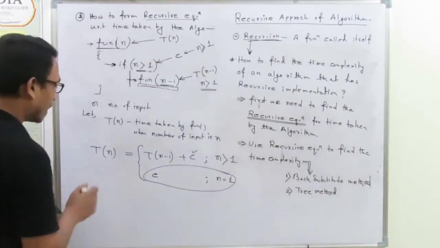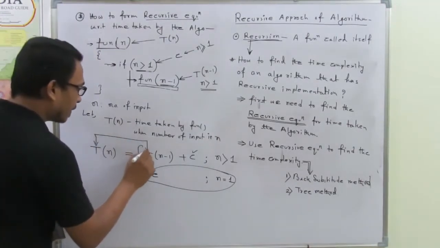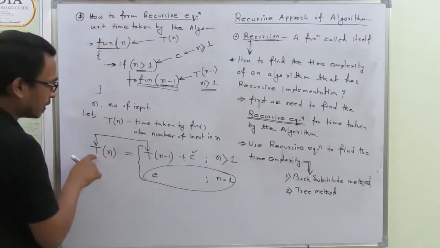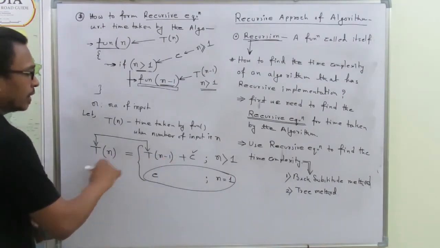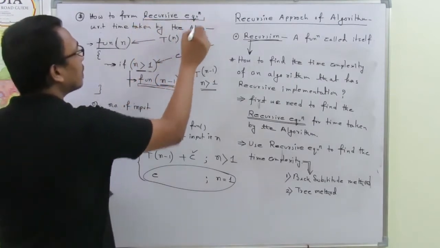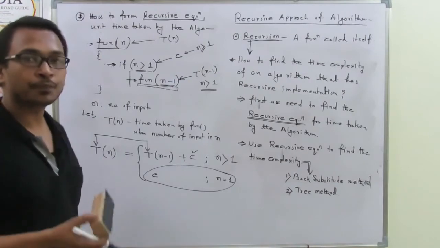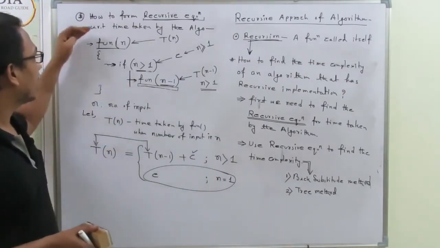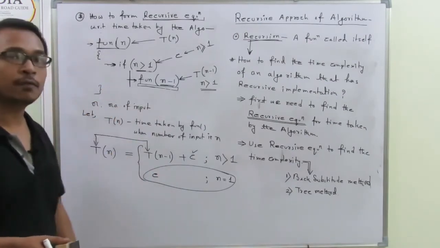How? Because this is the function T, and within this time function definition we again have the time function. That's why the equation again becomes a recursive function. Clear? Hope you understood how we can convert any given recursive algorithm into its equivalent recursive function.